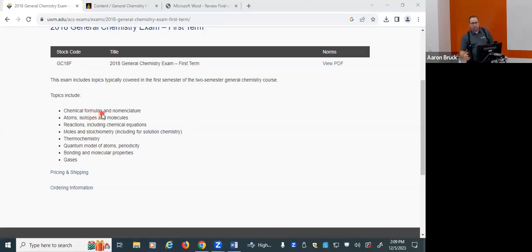We've talked about chemical formulas and nomenclature, atoms and isotopes, all the different types of chemical reactions, stoichiometry and mole calculations and solutions, thermochemistry, and the quantum model, which was the 3rd module.